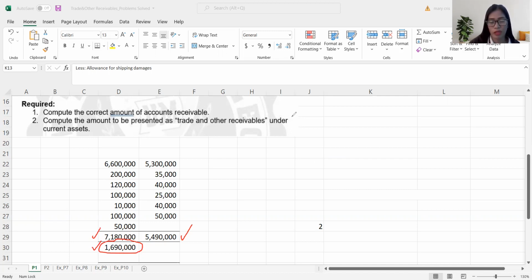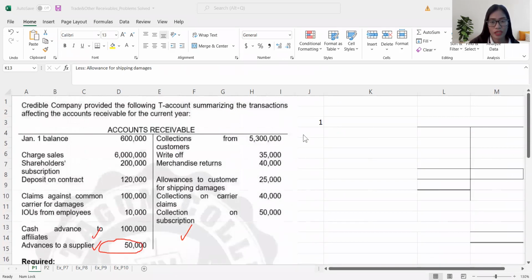Since we don't have yet our adjusting entries, the records of Credible Company are showing a debit balance of 1,690,000 accounts receivable. Of course, alam natin that that amount is not correct, no?